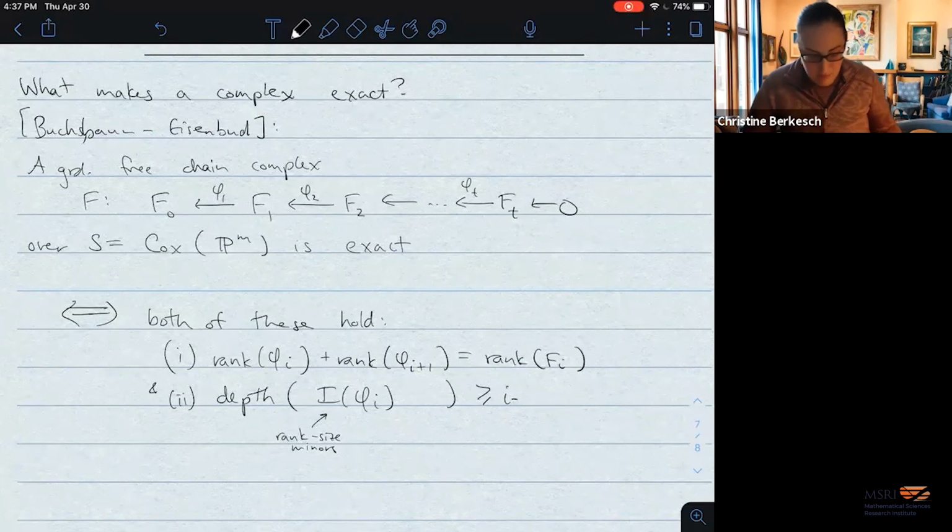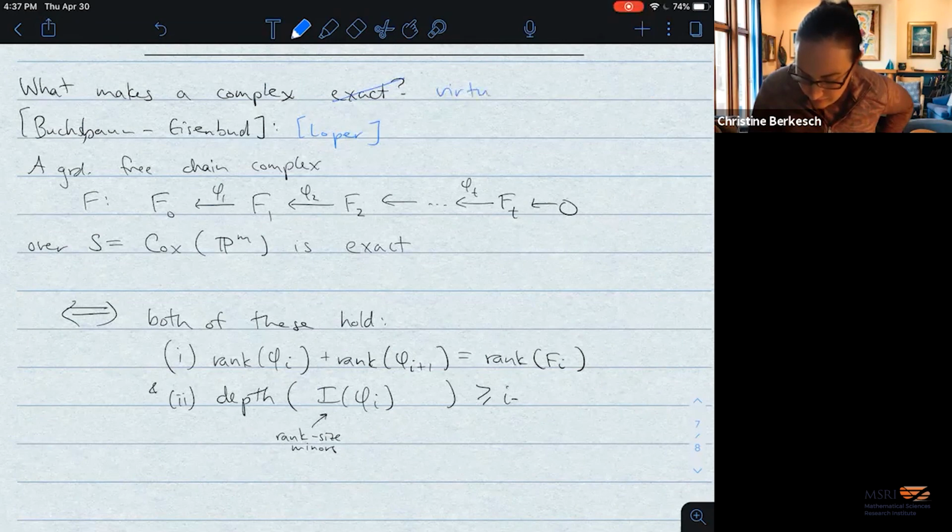So again, a theorem that has given us a lot of mileage over the years when we're working in a standard graded setting. And so what Mike was able to do is ask the question, instead of exact, what makes a complex a virtual resolution of something.